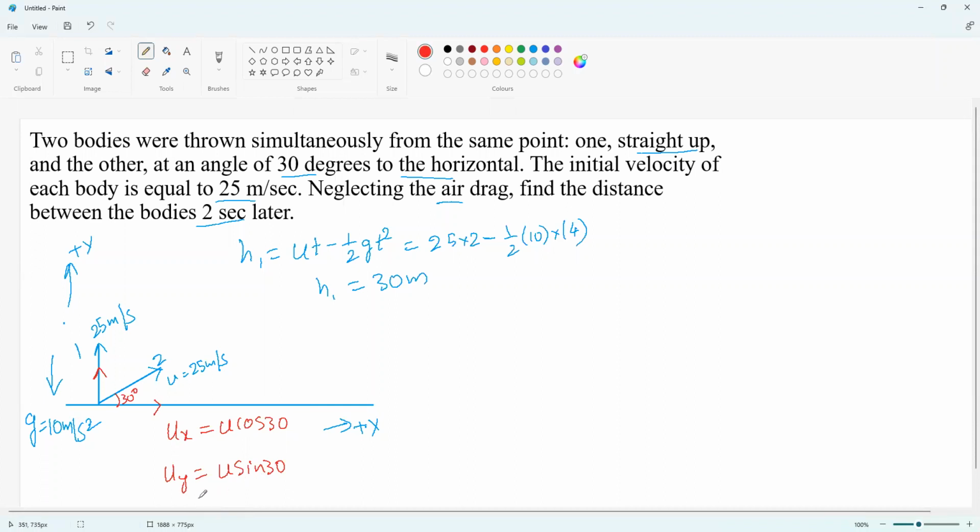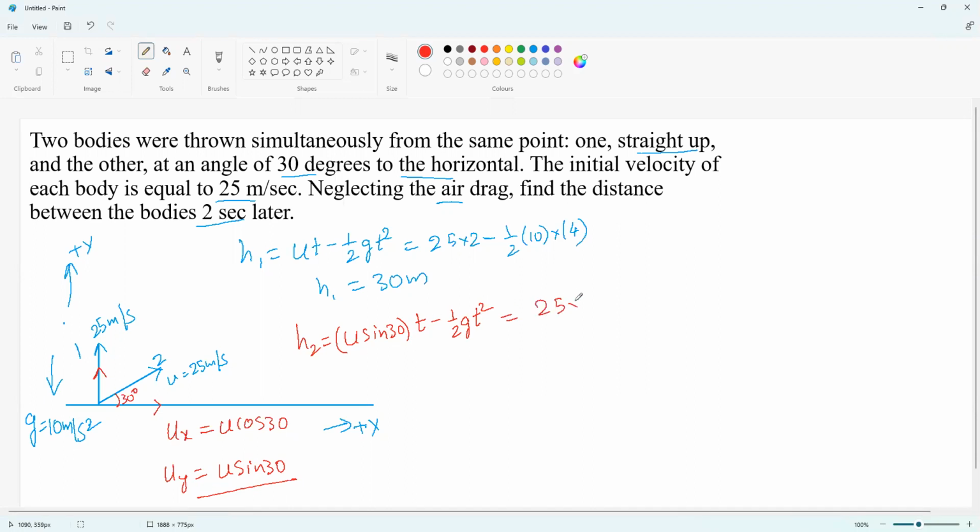With the initial velocity of u sin 30 in the y direction, what will be the distance traveled in the y direction? That will be h2 equals u sin 30 into t minus half g t squared. So u is 25, sin 30 is 1 by 2, time is 2 seconds.